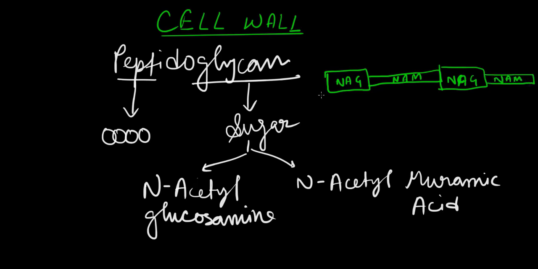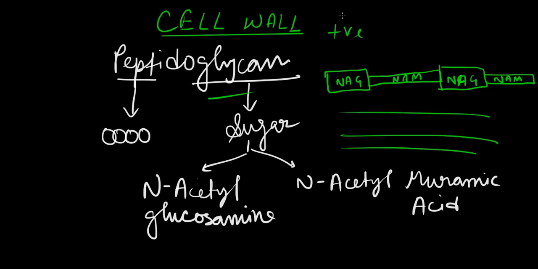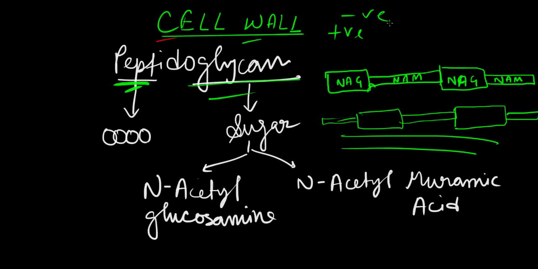This type of structure they show in their glycans, meaning sugar molecules are present repeatedly, and not only one layer of sugar molecule, they have many layers. In gram-positive bacteria, they have more layers of sugar molecule like this, and in gram-negative bacteria, they have fewer of these layers. So in this way the glycan chain is made, and one glycan chain is attached to another glycan chain by a peptide chain.